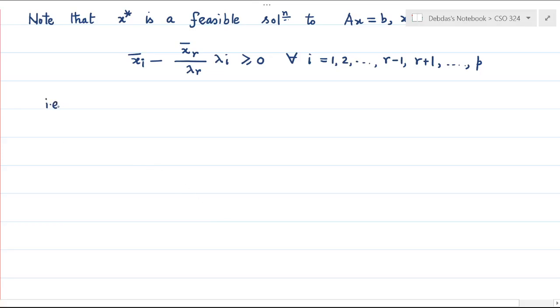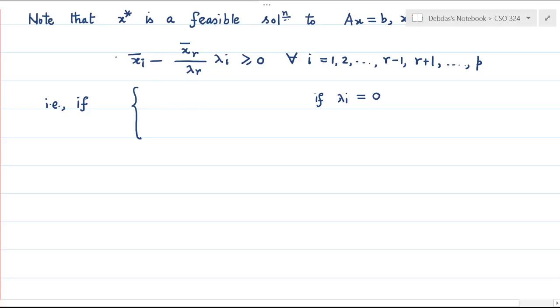You notice that here this lambda_i can be 0, can be non-zero. If it is 0, then obviously x_i bar is greater than 0, so this component is greater than or equal to 0. So you don't have to take any restriction if lambda_i is 0; no restriction is required.